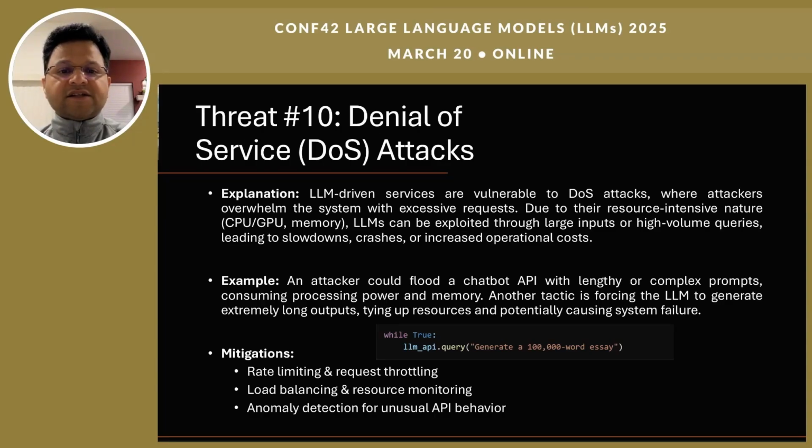Mitigation strategies: use rate limiting to limit requests per user or per IP, monitor traffic patterns to detect abnormal spikes, employ load balancing and auto scaling, and validate prompt sizes before sending them to the LLM, rejecting or truncating excessively large prompts.